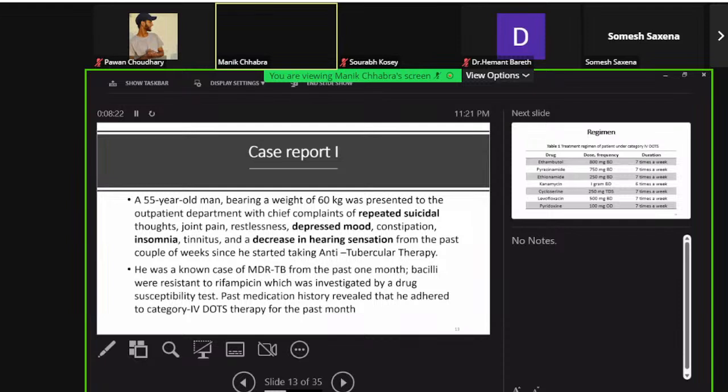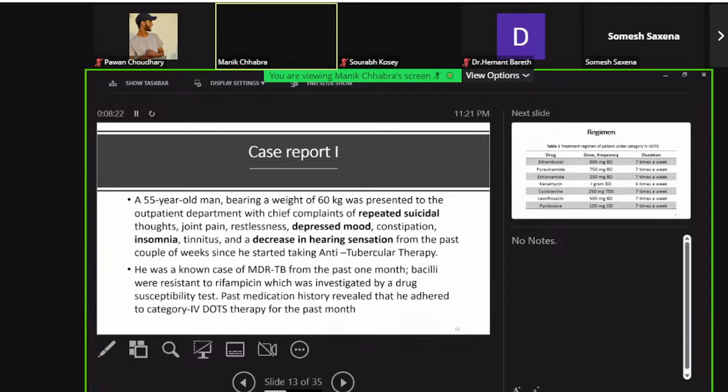On diagnosis, he had a complaint of bilateral decrease in hearing sensation with a ringing of bell in his ears. We took the opinion of an otolaryngologist, and he was diagnosed with bilateral sensorineural hearing loss, and further he was diagnosed with drug-induced suicidal tendency.